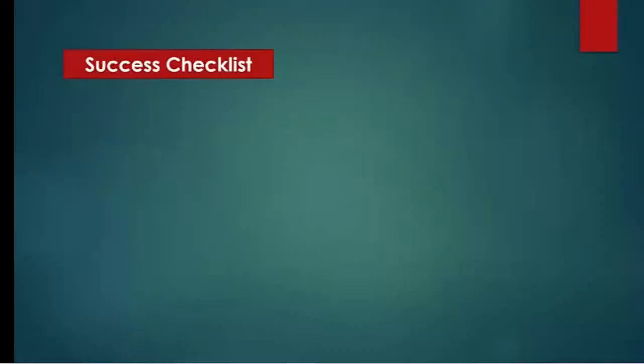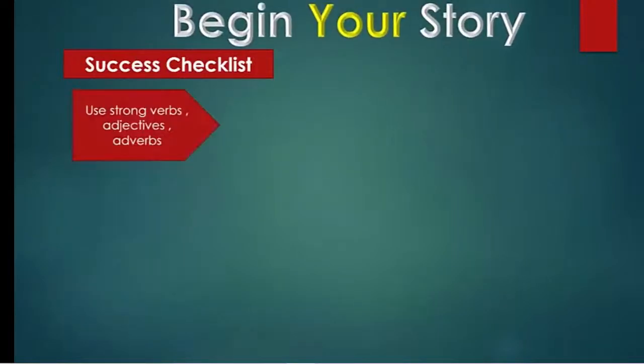Okay, success checklist. What I meant here by success checklist is the rules you should follow in your story to produce the perfect story. Number 1, use strong verbs and adjectives and also adverbs. Number 2, use dialogue. We'll explain each point, by the way.